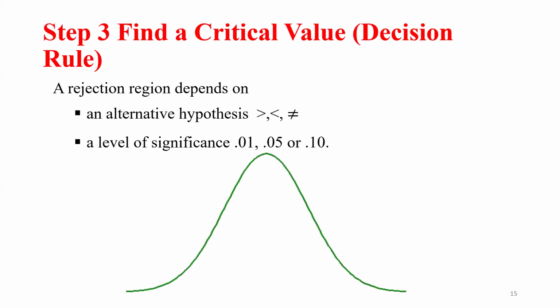Then third step, you try to find a critical value or a decision rule, a rejection region. It depends on H1, whether greater, less than, or unequal, and the level of significance.